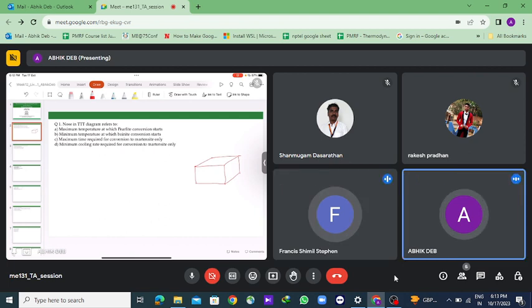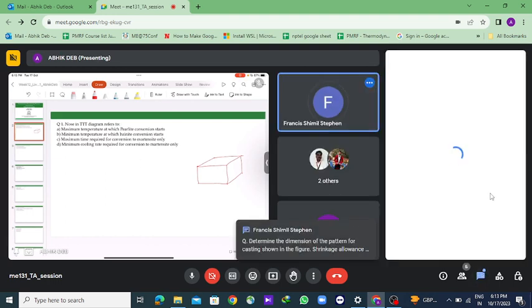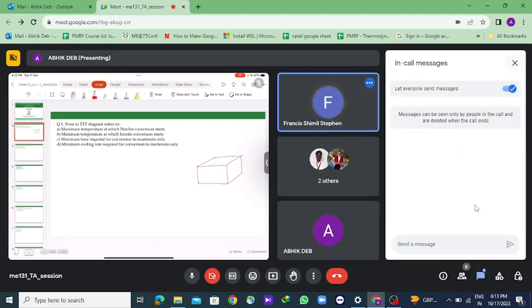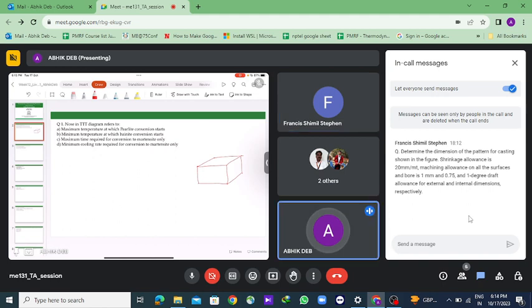I will post the question in the chat box. Determine the dimension of the pattern for casting shown in the figure.